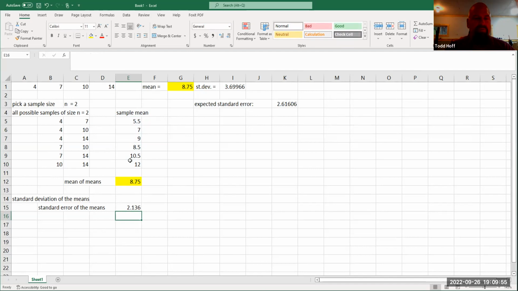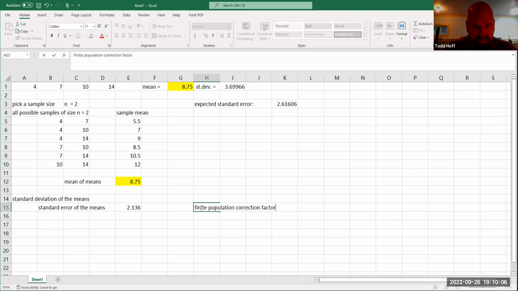Otherwise, you have to do something called a finite population correction factor. And what that is is simply the square root of capital N minus little n over capital N minus 1.